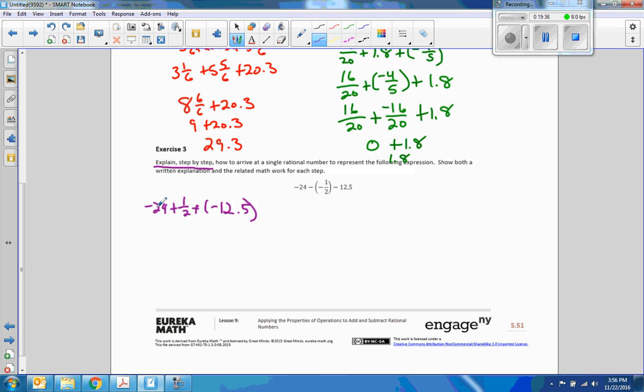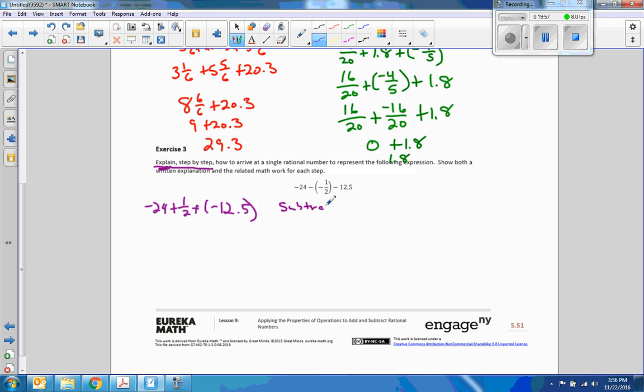Okay, negative 24 plus, minus a negative is plus, and plus a minus is minus. So we want to change it to addition. So subtracting, we're explaining now, explain.